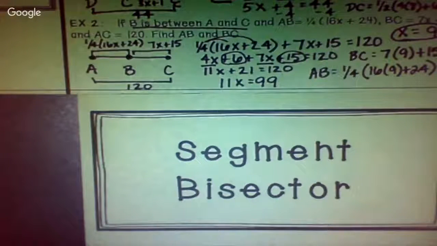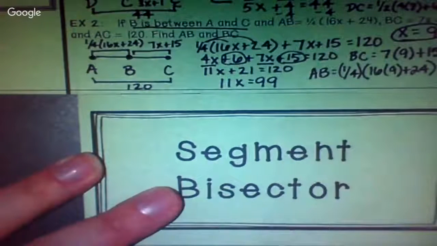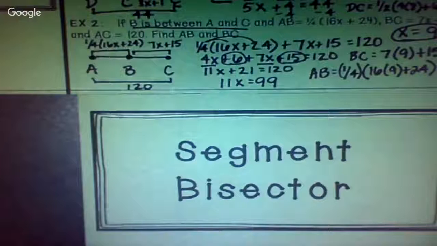Okay. You've got two options when you plug this into the calculator. If you're going to plug it in straight the way you see it, please make sure you put in 1/4 in parentheses. You can also plug in the 16 times 9 plus 24, get your answer, and then divide that by 4. Okay, because timesing by 1/4 and dividing by 4 are the same exact thing. So you've got two options here.